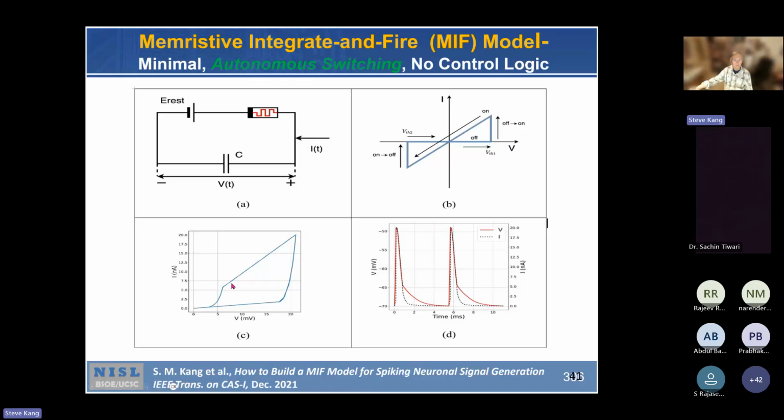It comes back up like this. This is coming from a real device measurement. So if you do this and simulate it, you can generate a pulse like this, go up, and come back up like this.